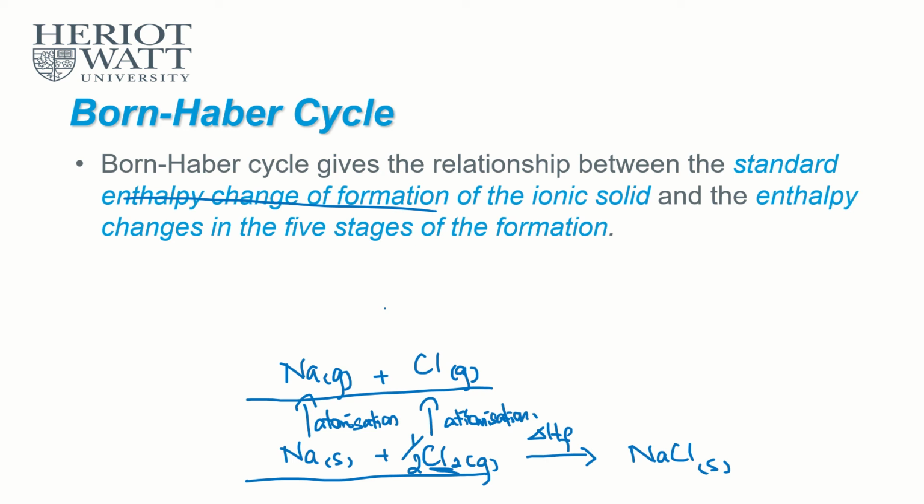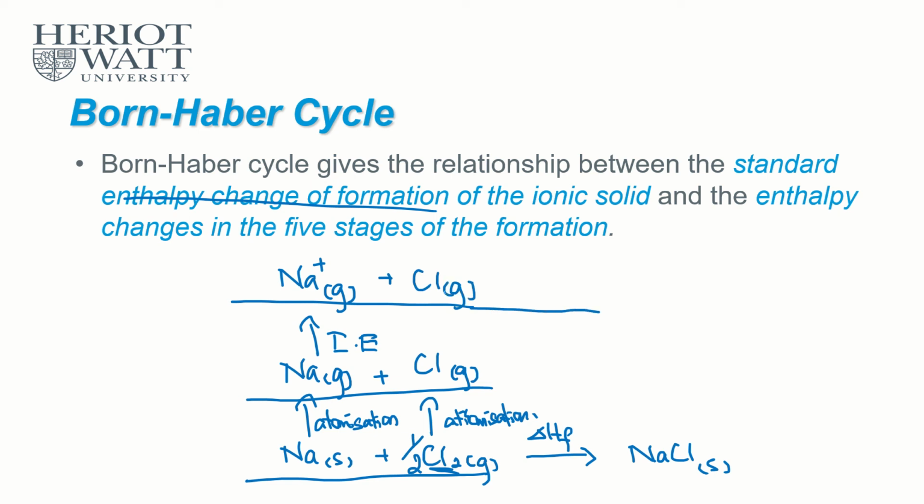Once you have atomized them, then you start ionizing them. So for sodium, you ionize it into sodium positive charge, which is the ionization energy. And then chlorine remains unchanged here, chlorine gas, still the same. Next, I'm going to change chlorine into chloride.